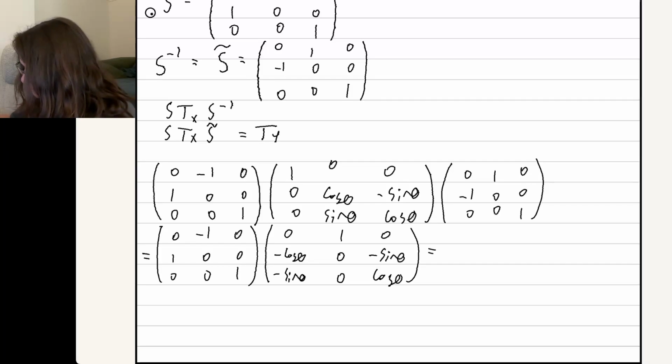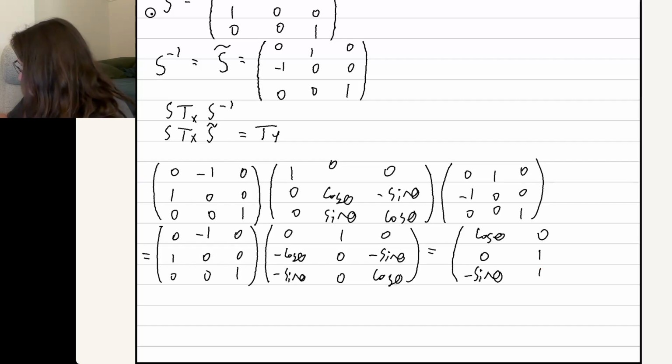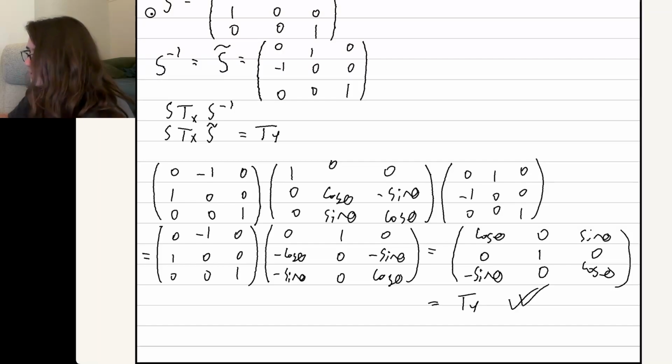And then just multiplying those two matrices now, you get cosine theta, 0, minus sine theta, 0, 1, 0, sine theta, 0, cosine theta. And that is actually equal to T sub y, so that is what we expect.